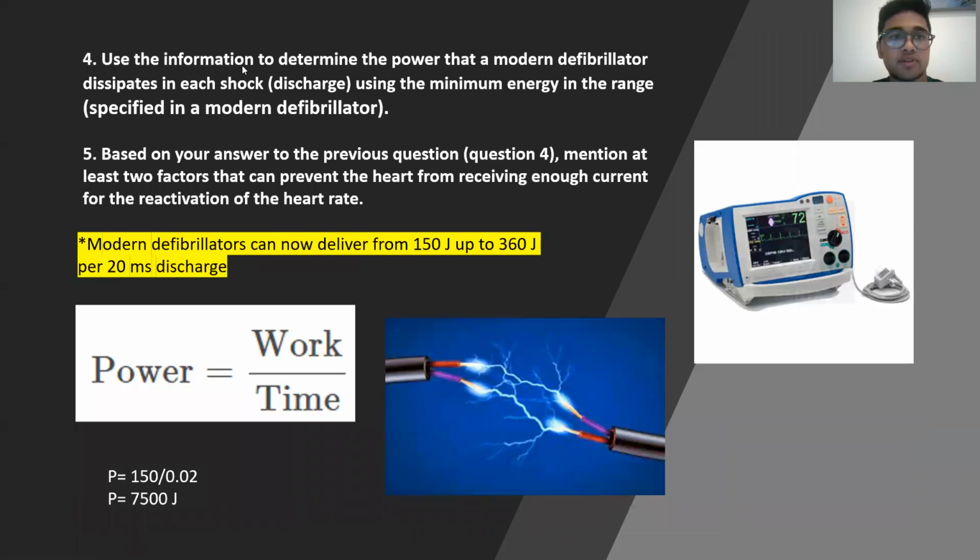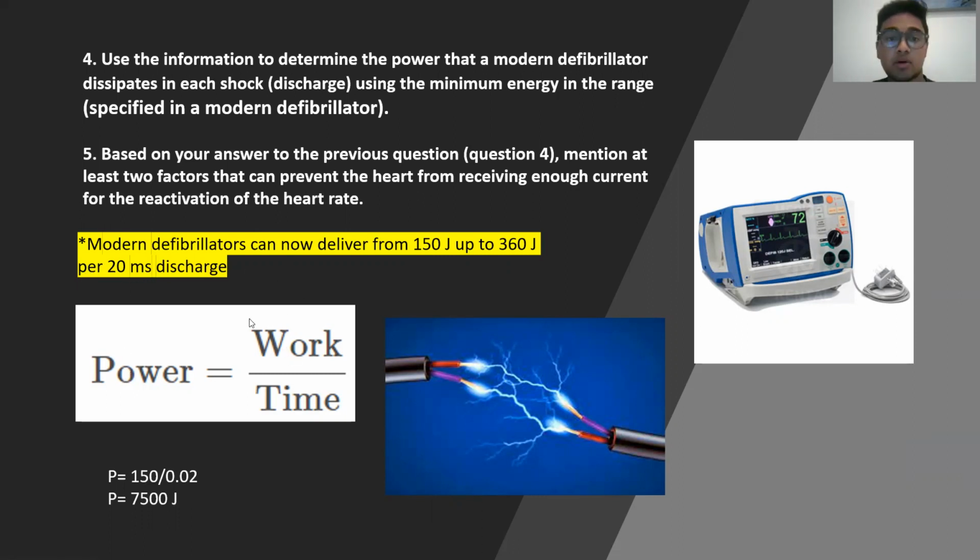Then, using the information to determine the power that a modern defibrillator dissipates in each shock, using the minimum energy in the range, I used a formula about power. They told us modern defibrillators can deliver from 150 joules up to 360 joules per 20 milliseconds discharge.